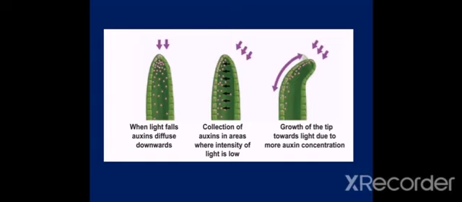You can see that in the second diagram. Light is falling onto the right side, so auxins are collected on the left side. As auxins are collected there, cell elongation increases in the left part. So that part shows a higher growth rate than the right side. Therefore, we can observe that the plant is bending towards the sunlight.